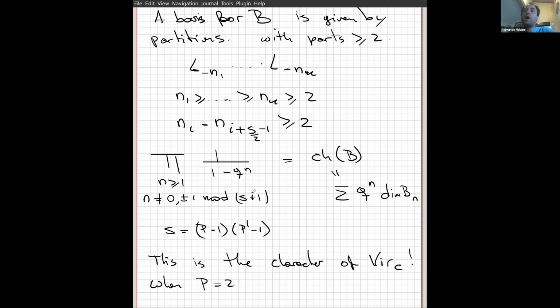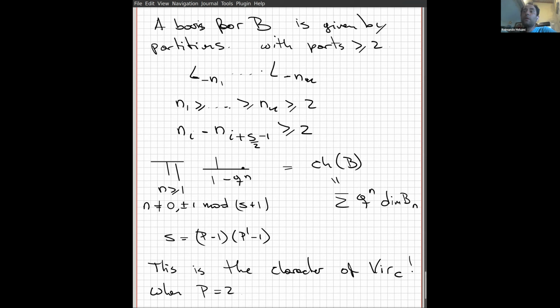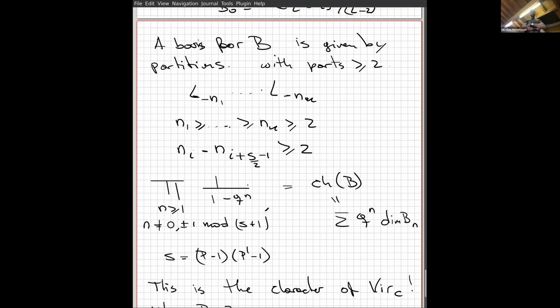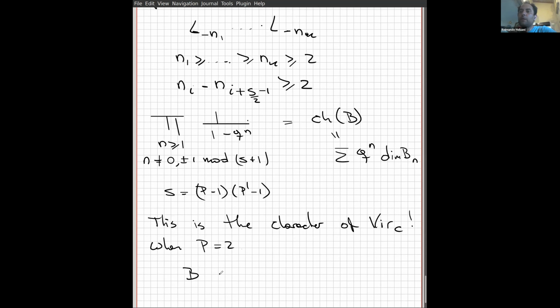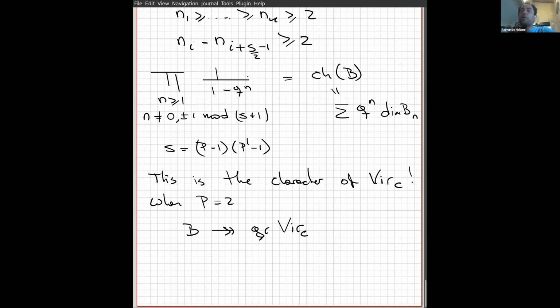So that's how we know Frenkel's theorem now, because you have a surjection from V to the Virasoro module. We know that the characters are the same if and only if p is equal to 2. Therefore, this is an isomorphism if and only if p is equal to 2. So that's how you recover Frenkel.